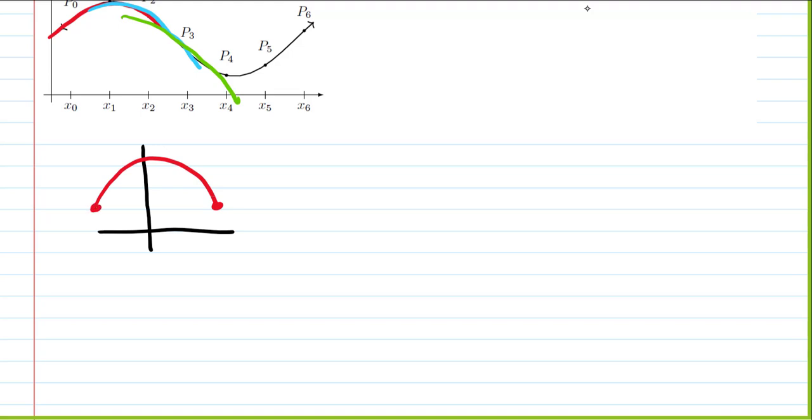Since our mesh is going to be evenly spaced, we'll make our width of our rectangles h, right? So we have negative h, 0, and positive h. That's our delta x. We're then going to have 3 points on this curve. Negative h, whatever y0 is, 0 and y1, and then positive h and y2.